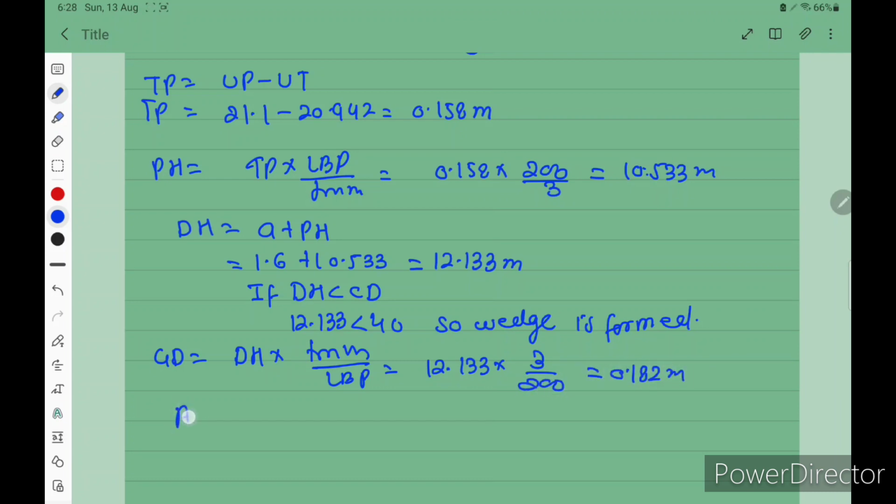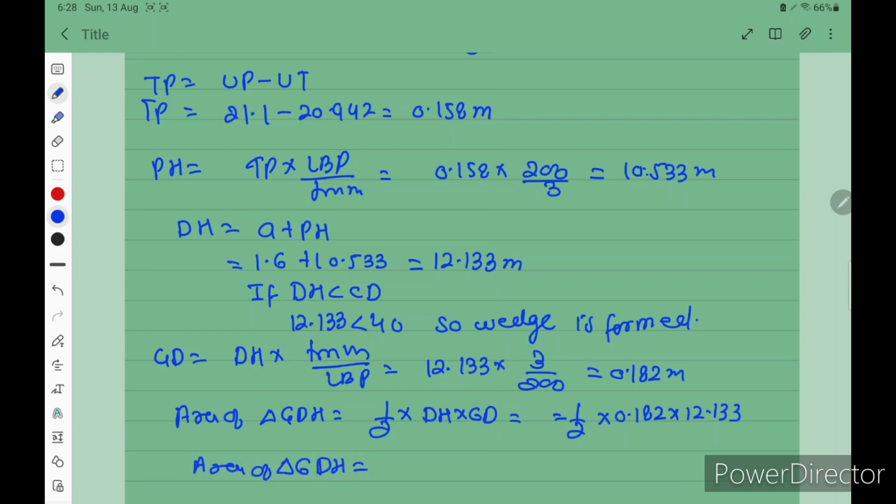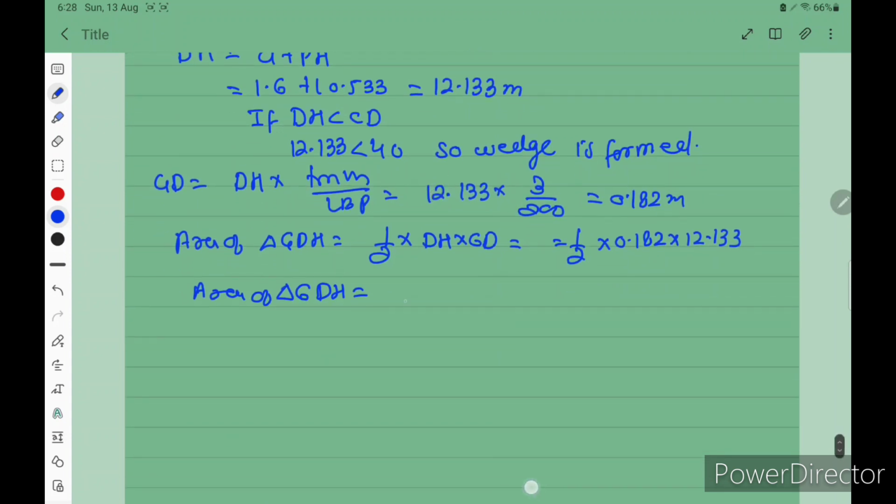Now find out the area of the wedge. 1 by 2 base into height, where base is equal to DH and height is GD, is equal to 1.2 into 0.182 into 12.133. So we get area of triangle GDH is equal to 1.104 meter square.